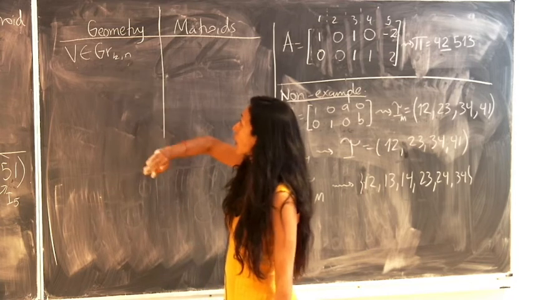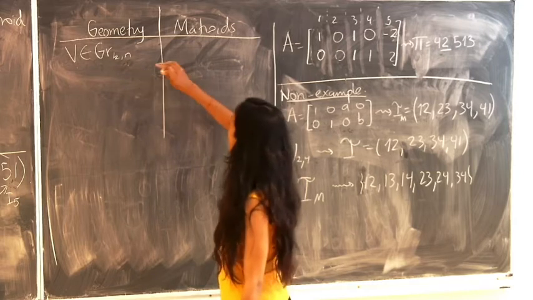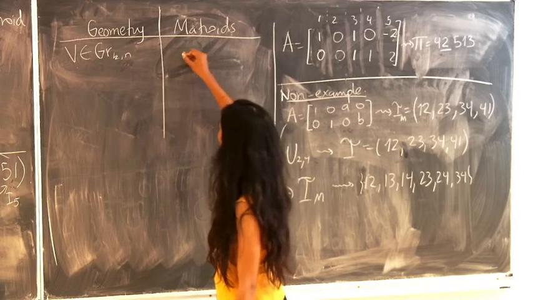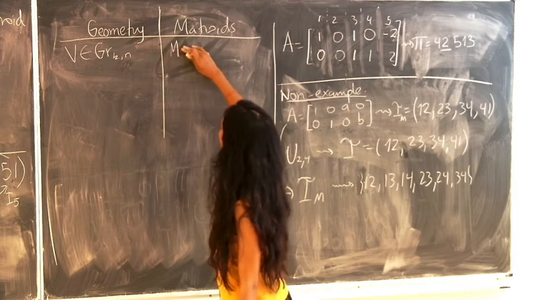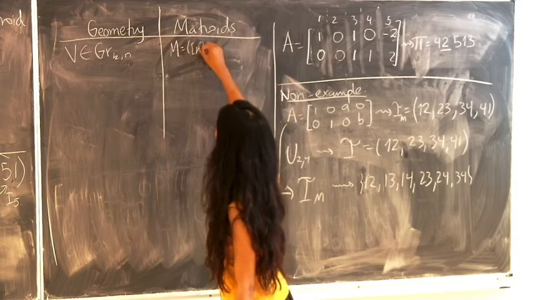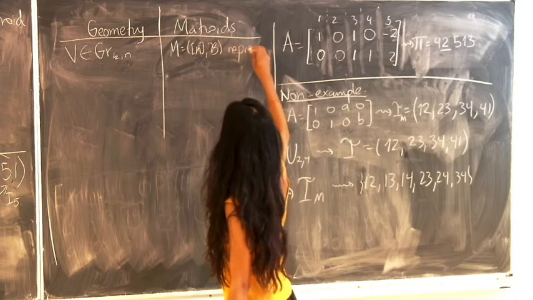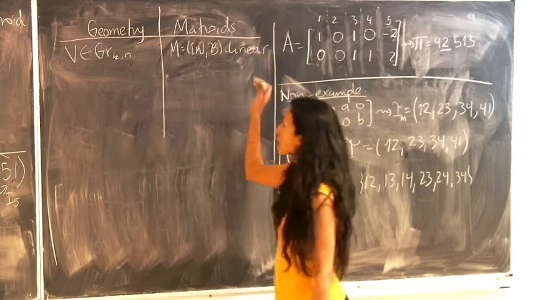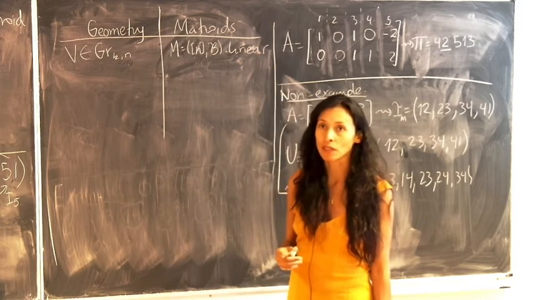So we already know that each point in the Grassmannian gives rise to a matroid that is representable, or I'll say linear, and every representable matroid over the reals arises this way.